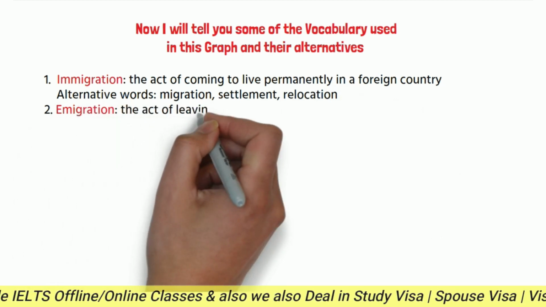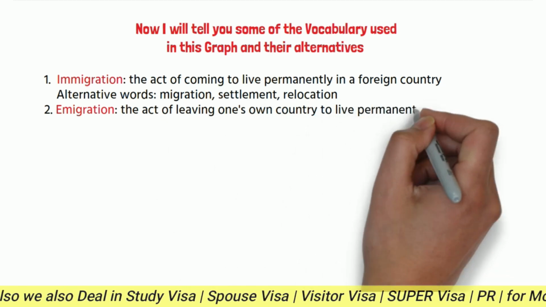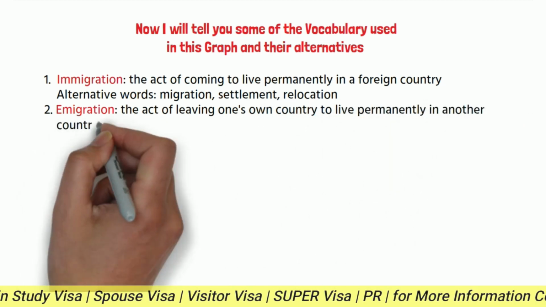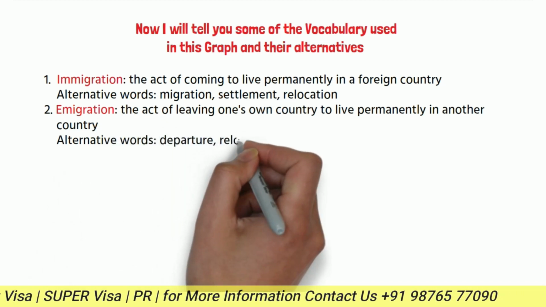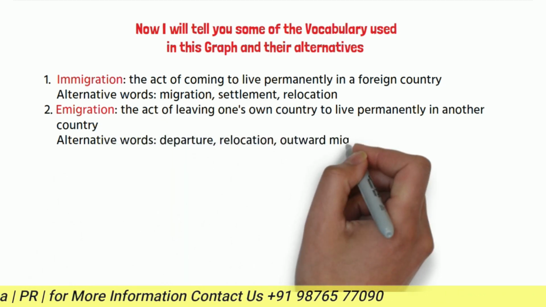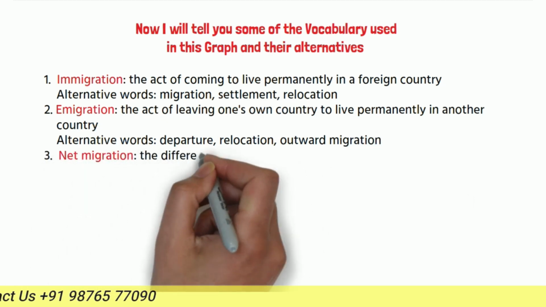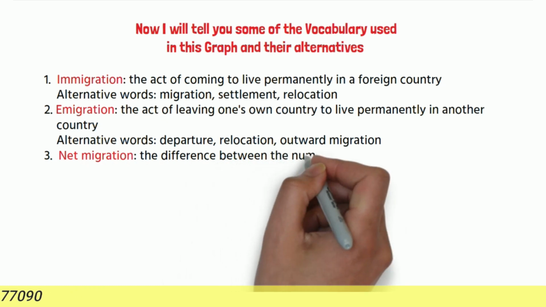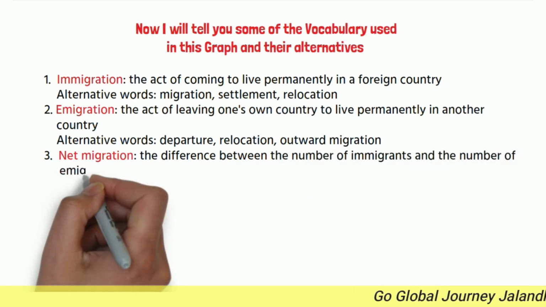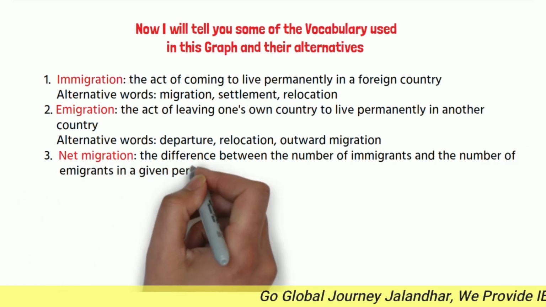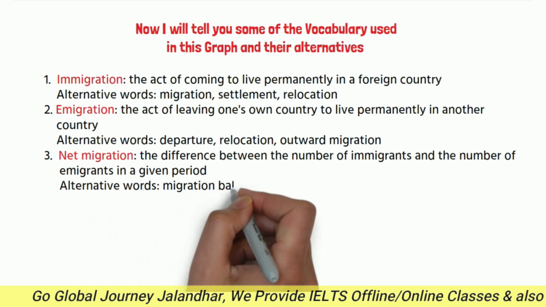The act of leaving one's own country to live permanently in another country. Alternative words: departure, relocation, outward migration. Number 3. Net migration. The difference between the number of immigrants and the number of emigrants in a given period. Alternative words: migration balance, migration difference.